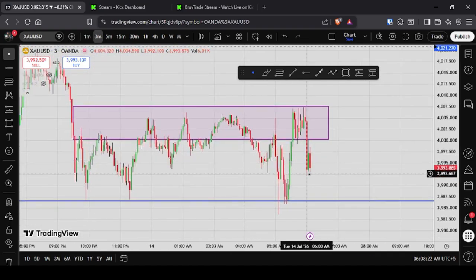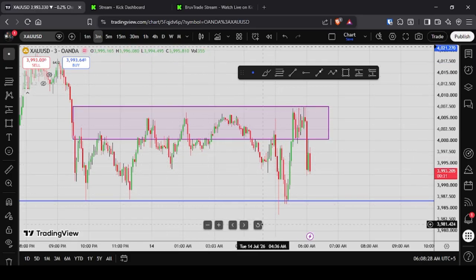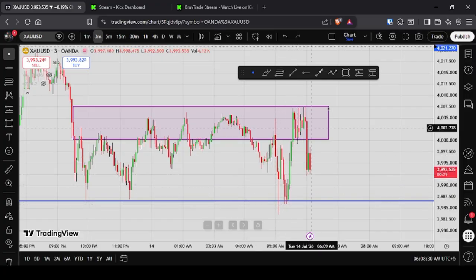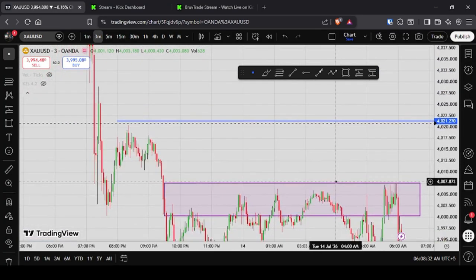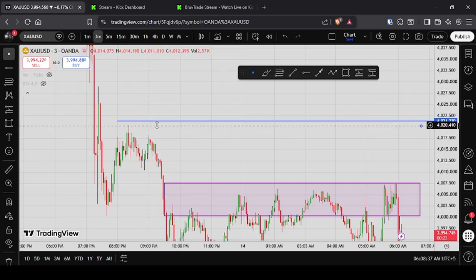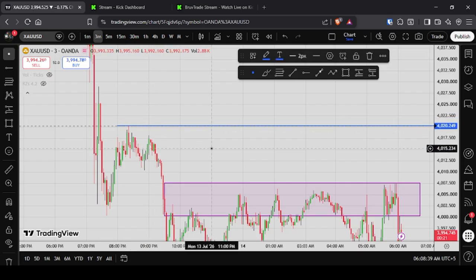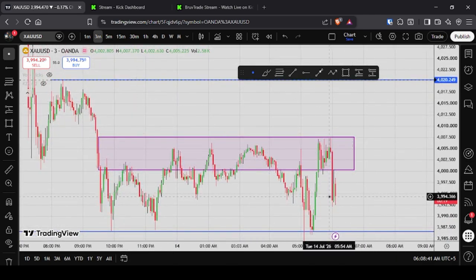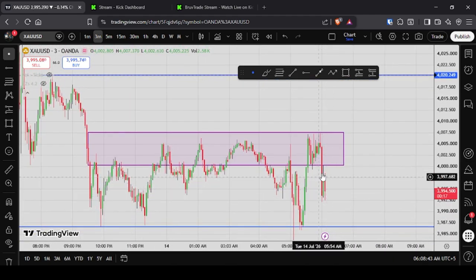In my opinion, we have broken out the low right here, which caused us to take out the daily low. Now it should shoot up and take the liquidity point here.